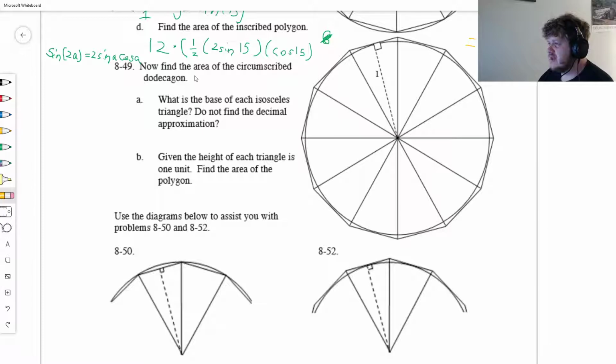In this case, we have a slightly different thing going on. Our triangles have the same interior angle, however, our height is now 1 instead of our legs being 1. So we do a similar thing. For the base of each isosceles triangle, we could use tan if we wanted to.